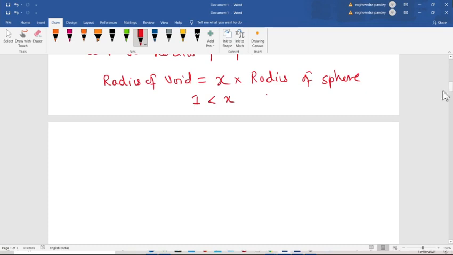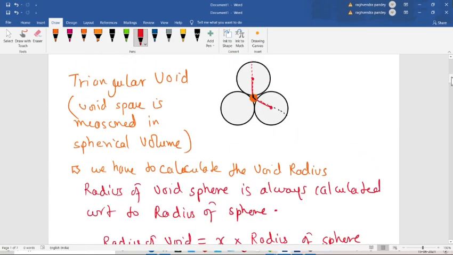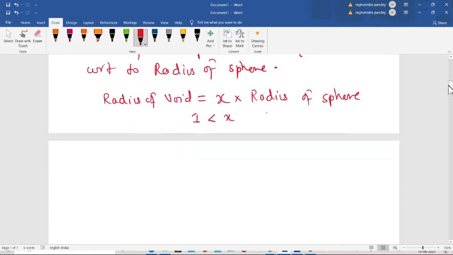If you see this system, here we have a smaller radius, smaller volume.